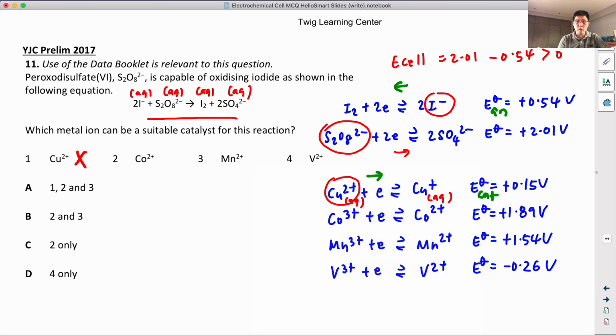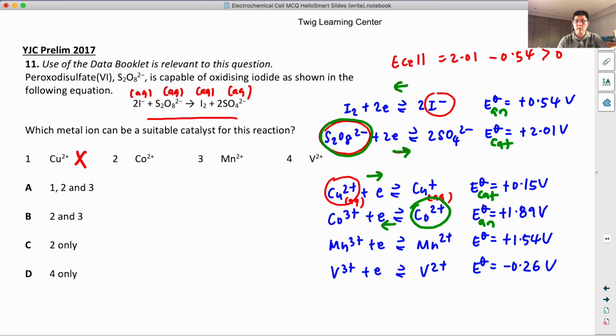So if I use cobalt 2 plus, cobalt 2 plus will react with S2O8 minus first, right? So cobalt 2 plus will undergo oxidation and S2O8 will undergo reduction. Can you see that? And what is my E cell? This is my E cathode and this is my E anode, right?